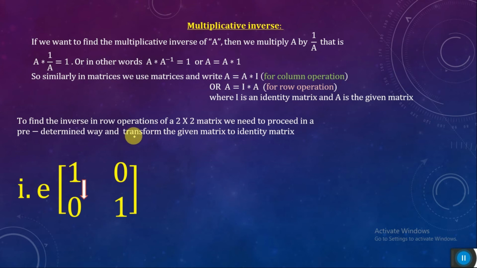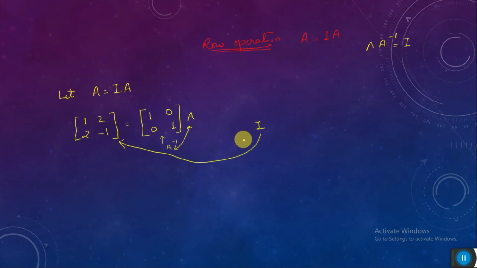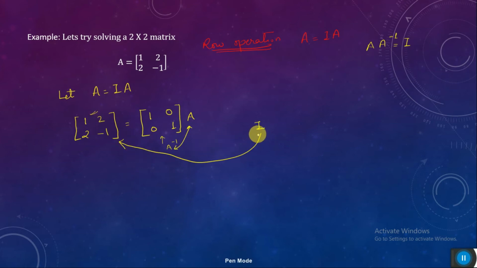Previously I told you that you need to transform the given matrix to identity matrix. By that I mean, you see that this is my A matrix. I need to transform it to I. And in that process this will change to A inverse. So that is the simple idea, that change this to I, and in that process this will change to A inverse. Clear?